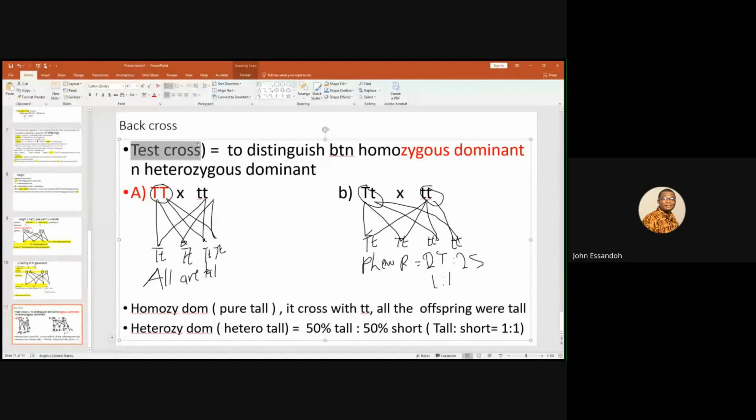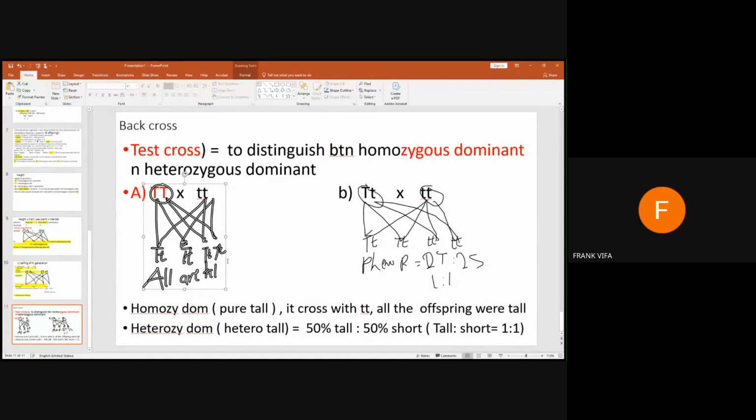So the genotypic ratio is still the same. In the case of this one, there's no genotypic ratio, there's no phenotypic ratio too, because everything is the same.